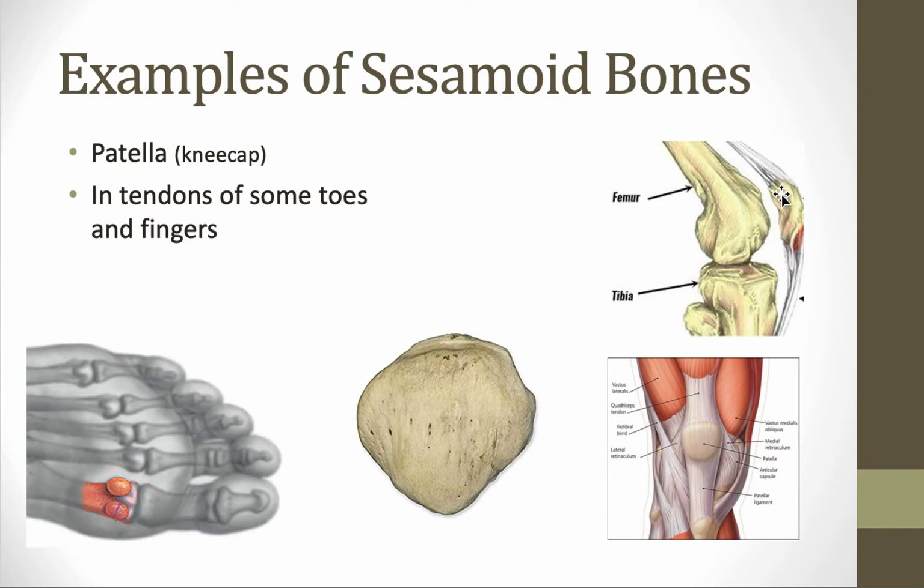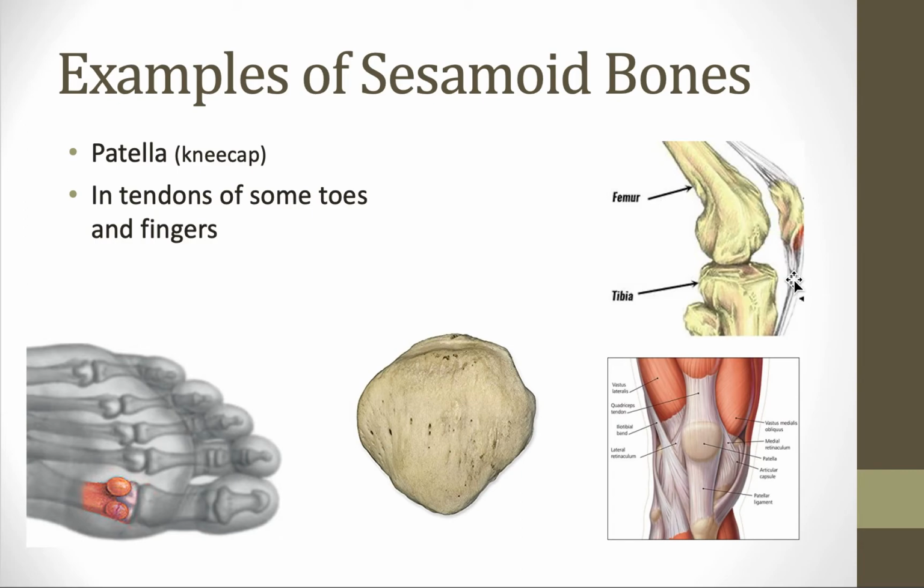It's going to protect this tendon from rubbing against the bone, and it's also going to change the angle of pull. So it's not just one big long tendon pulling, but instead it's more like two short tendons pulling at different angles. And so that gives you a mechanical advantage as well as protects the tendon.